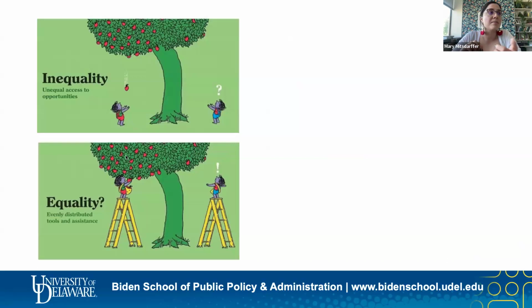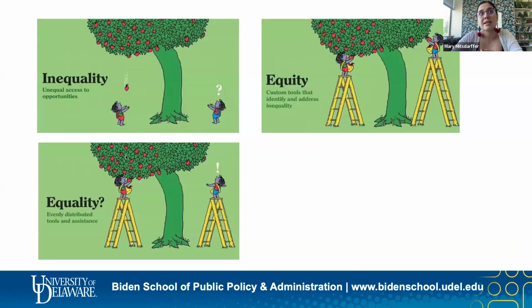So in the bottom left-hand side of the screen, you see two little kids on ladders picking apples. And one little kid has a ladder that's high enough to get to the apple, whereas another little kid has the same size ladder, but still cannot get to apples, right? So equality might mean that everyone gets the same resource, but not meeting the needs that we need to meet overall. Whereas equity is when everyone gets the tools or resources needed in order to meet their needs.